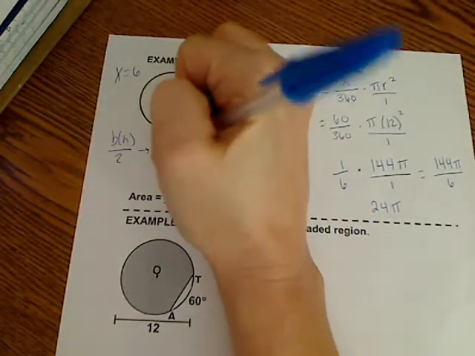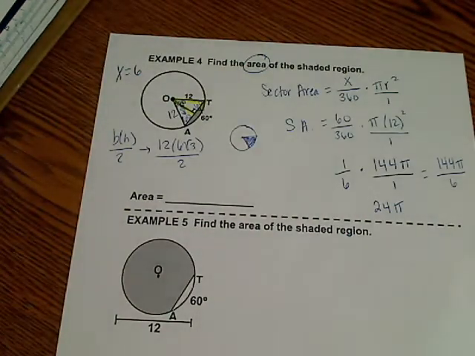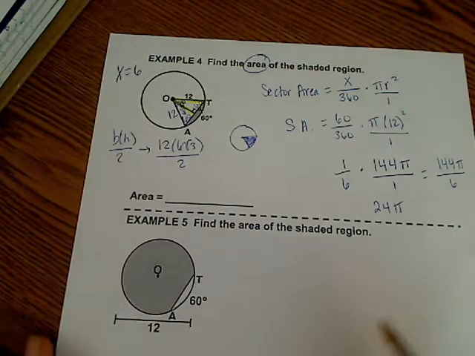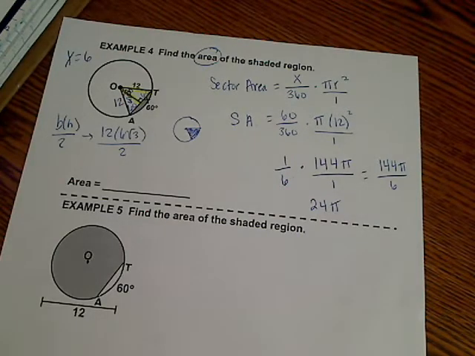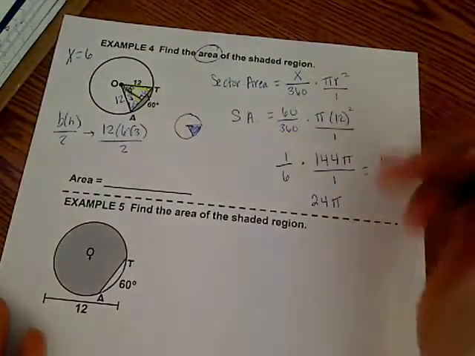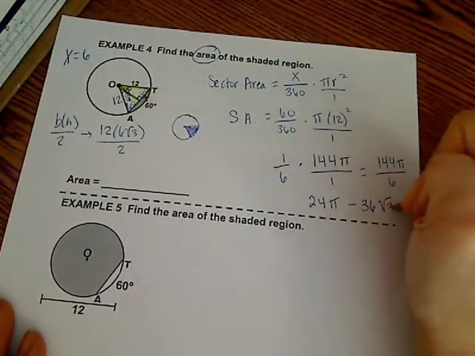And so that's going to be 6 square root of 3. And so what is my area of the triangle going to be? What's 12 times 6 divided by 2? 36. Yeah, so that's going to be 36 square root of 3.